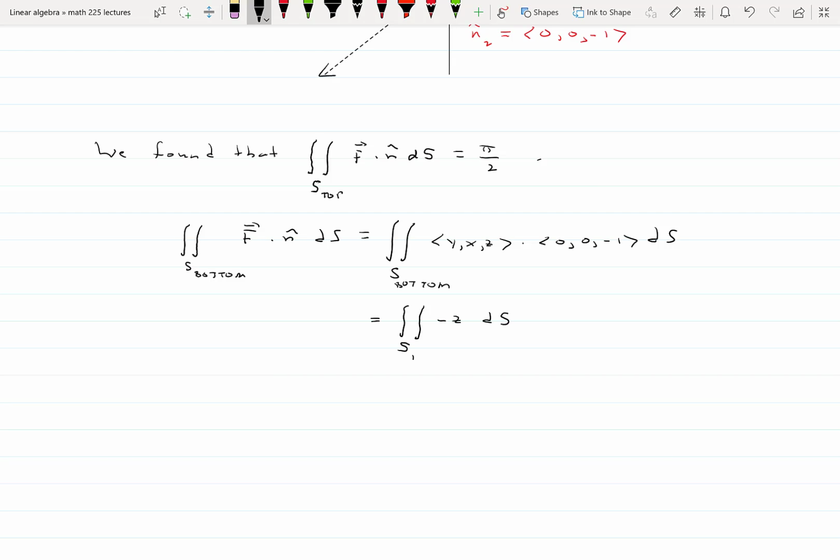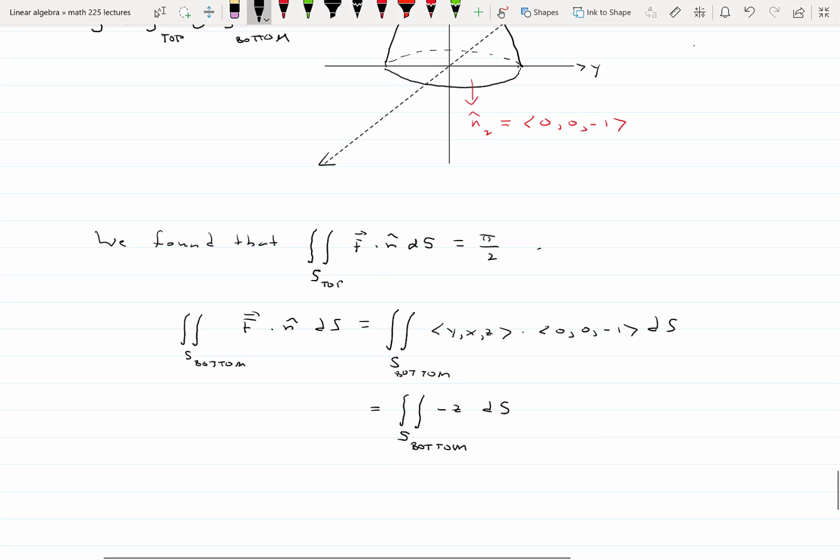Now, how do you evaluate a surface integral? You stuff the formula for the surface into the function and then integrate over that portion of the surface. On the bottom surface, z equals 0. So this one's a quick ending: over the bottom, it's the integral of 0 ds, which is 0.